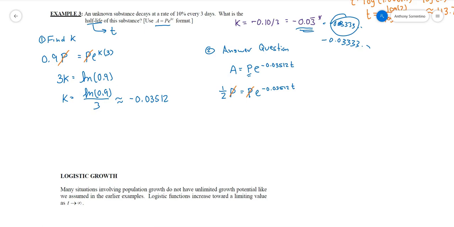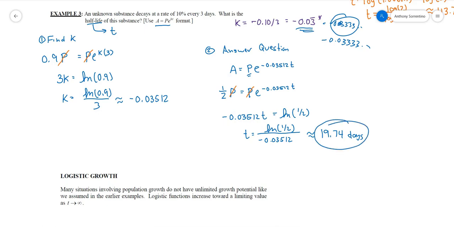And I would natural log both sides, so I would have that negative 0.03512t is going to be the natural log of 1/2, which means t is going to be the natural log of 1/2 divided by negative 0.03512, and that's going to be approximately equal to 19.74 days. And so every 19.74 days, this amount of substance becomes half the amount it was.